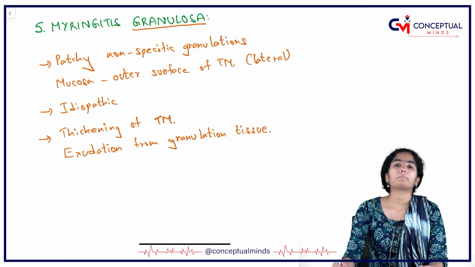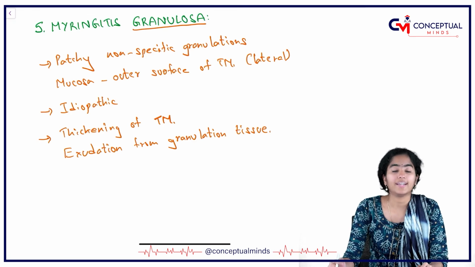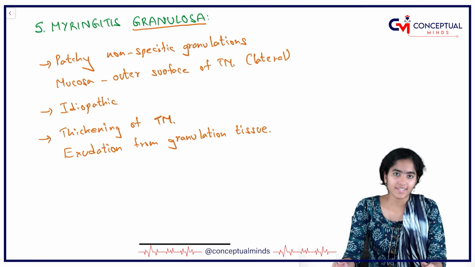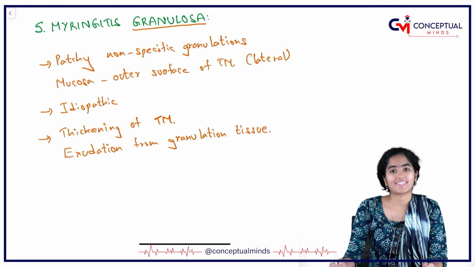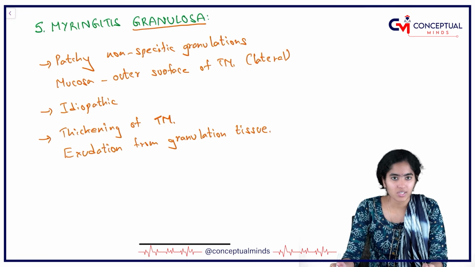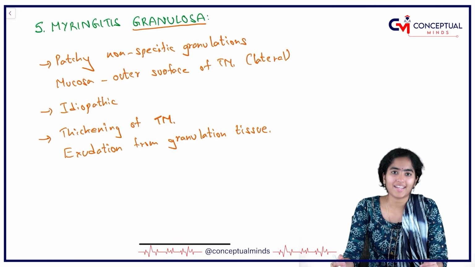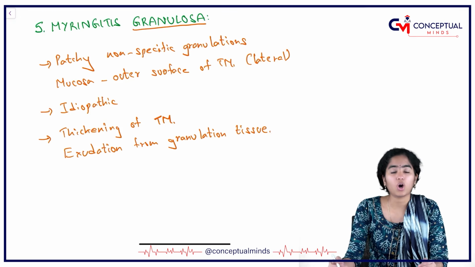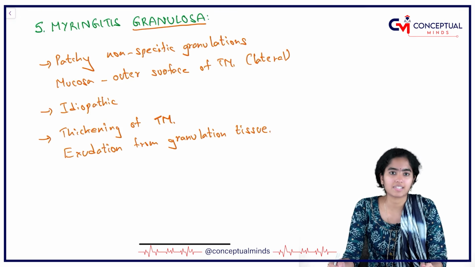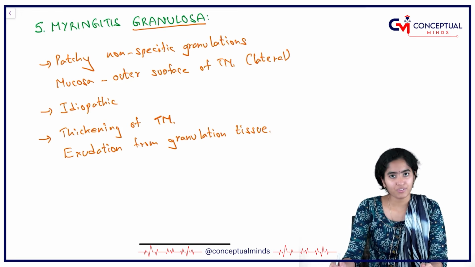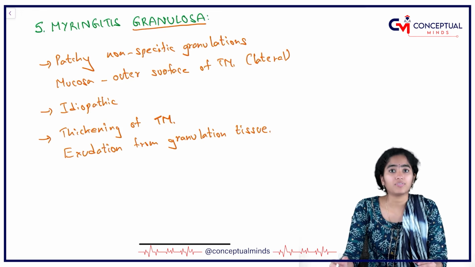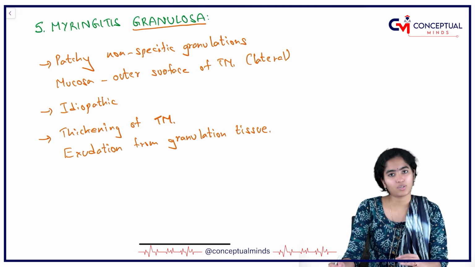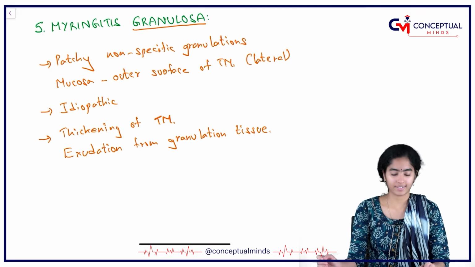This is about primary granulations which are idiopathic, but Myringitis granulosa can also be secondary to impacted wax or long-standing foreign body, or secondary to an external ear infection, or secondary to otitis externa. The causative factors are tubal dysfunction, where there is negative pressure that is produced in the middle ear, and this can also lead to Myringitis granulosa.